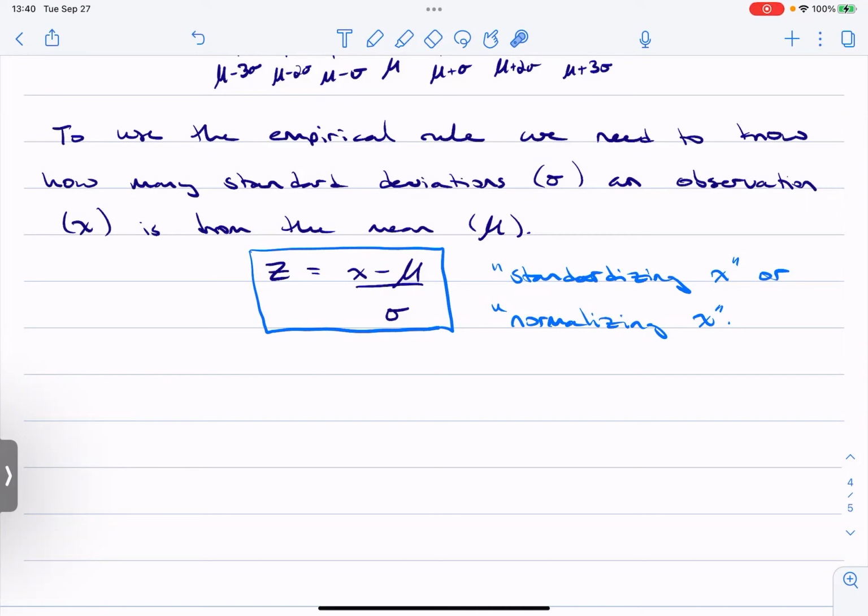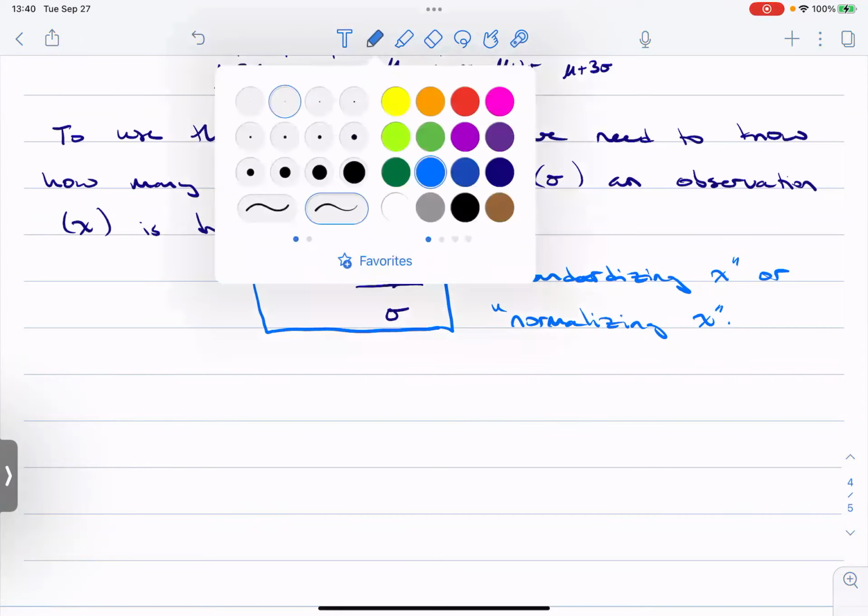You're just shrinking it down. So I prefer the term standardizing, but normalizing is a thing as well.